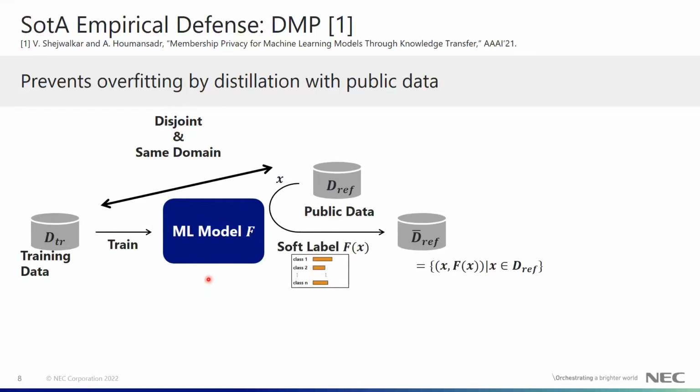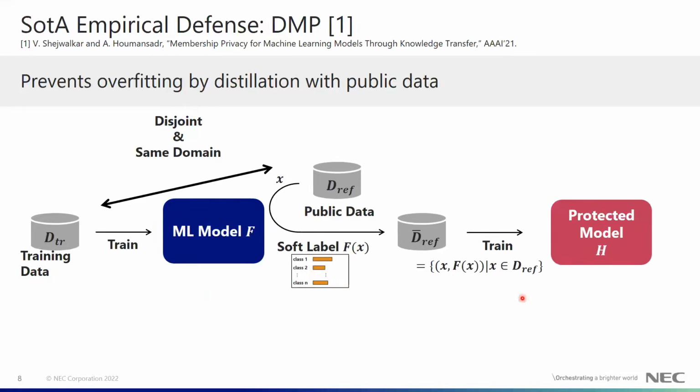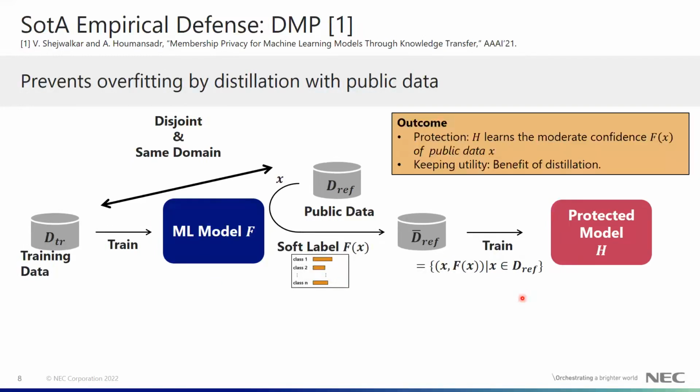Then, relabel the dataset and train a student model. The resulting model is protected since the student learns the moderate confidence scores of public data. And utility is also kept, that is, the benefit of distillation.